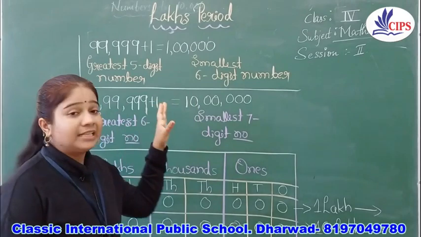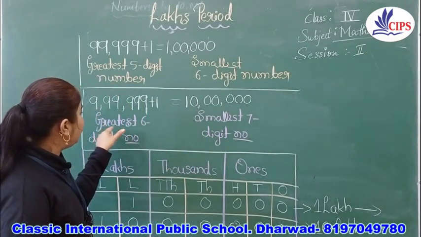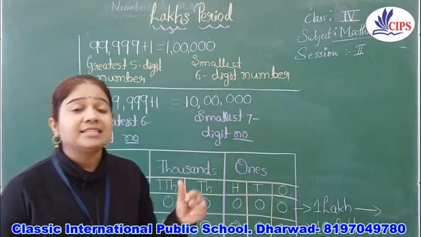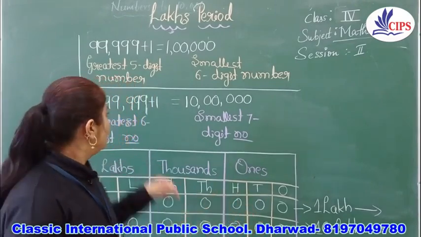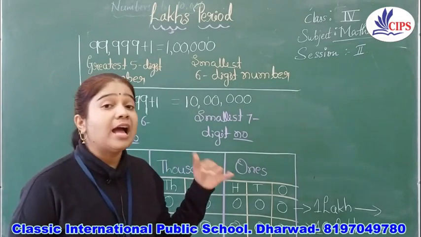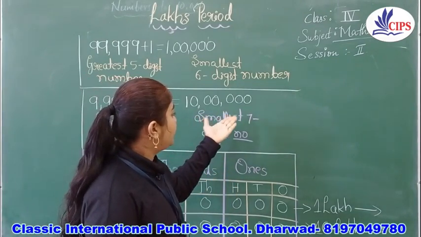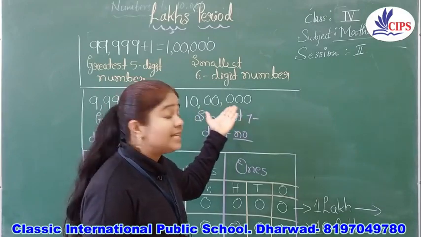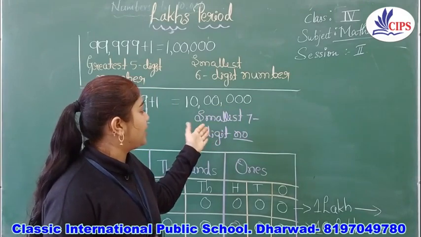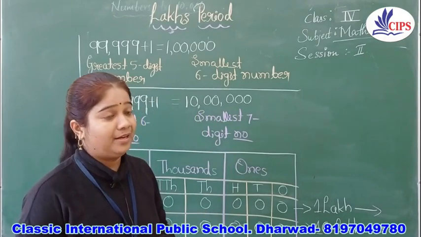This also comes under the lakhs period only. See, for this, it is the greatest 6-digit number. For this greatest 6-digit number, if you add 1, what are you getting? A 7-digit number, right? This 7-digit number we can call the smallest 7-digit number.